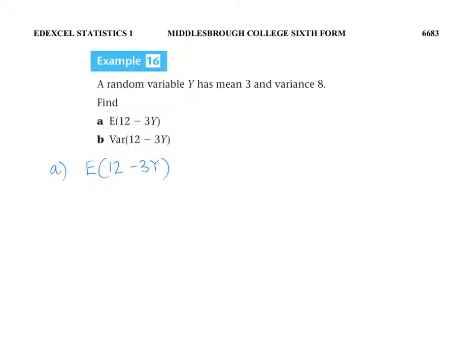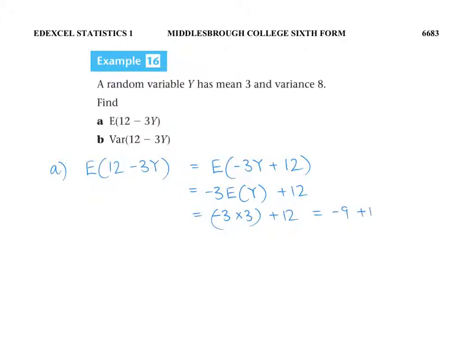I would quite like to write that a little bit differently. If we put it in the form that we knew from before, minus 3Y plus 12. So that says it's minus 3 times E of Y plus 12. So we've got a mean of 3, so it's minus 3 times 3 plus 12, minus 9 plus 12 gives us a mean of 3.